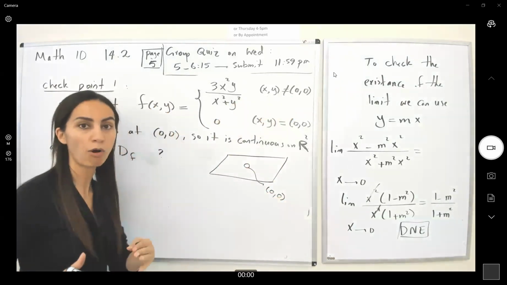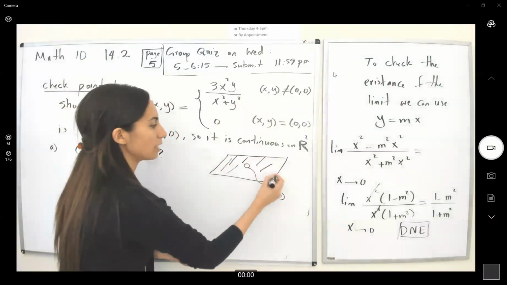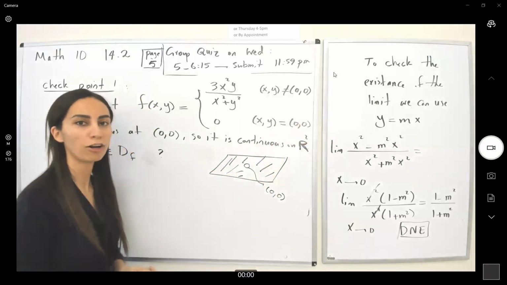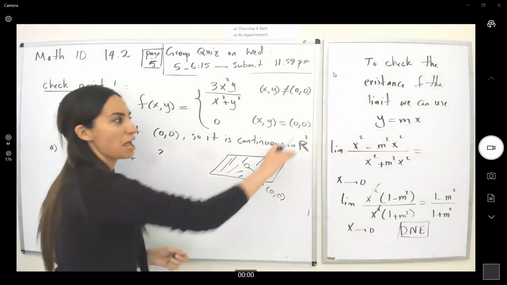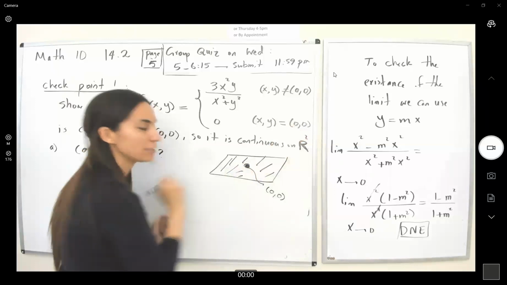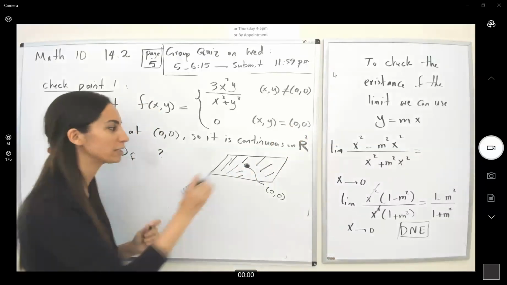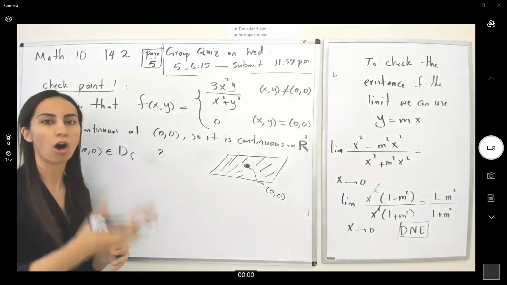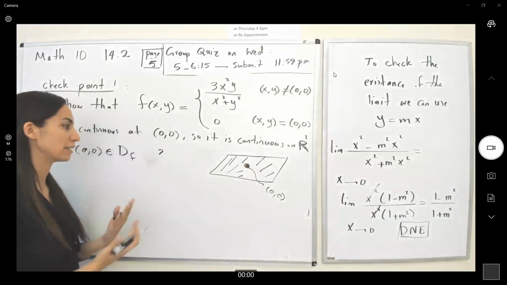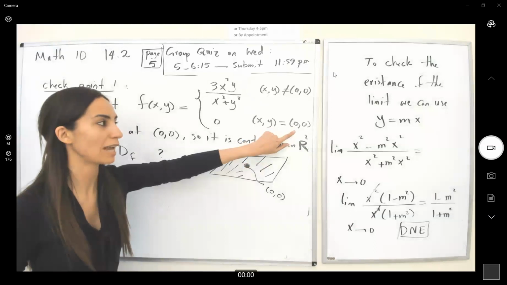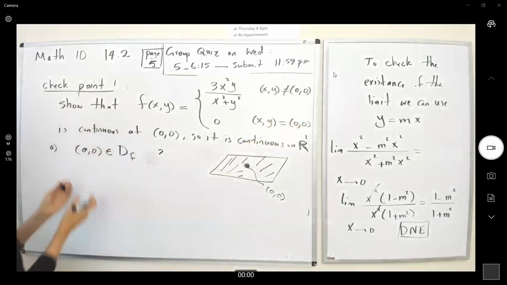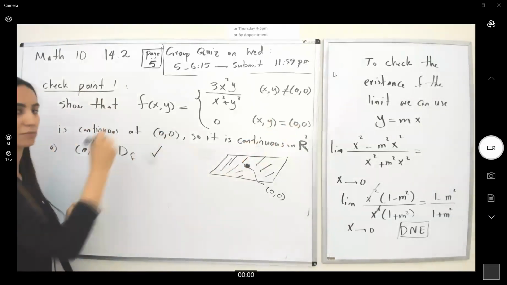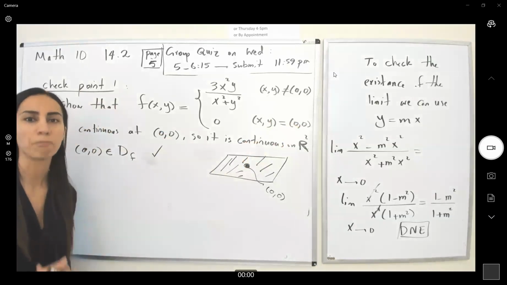And the second part says, now I'm going to define this function at the origin. So I'm filling this hole here. So the domain is R cross R, or R squared, and it includes 0 and 0. You can actually see that here. So, yes, the first condition is met.